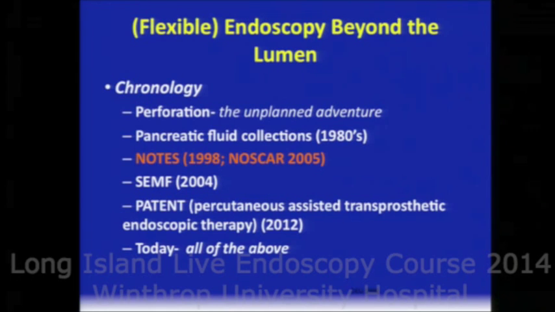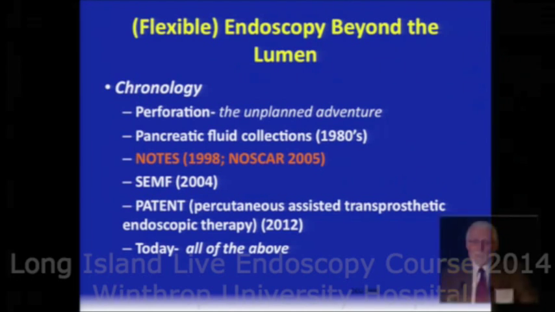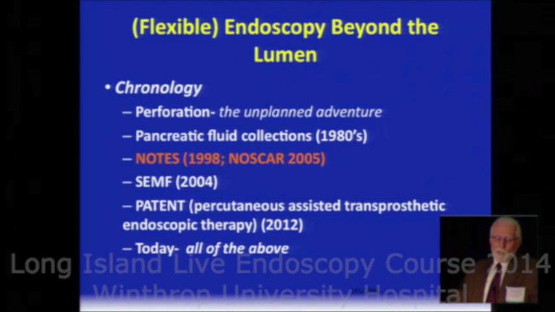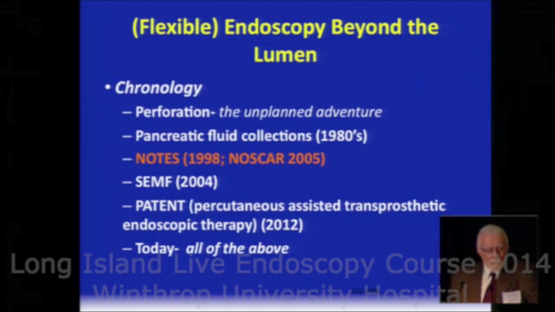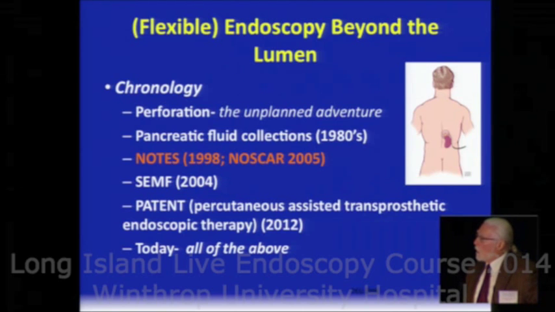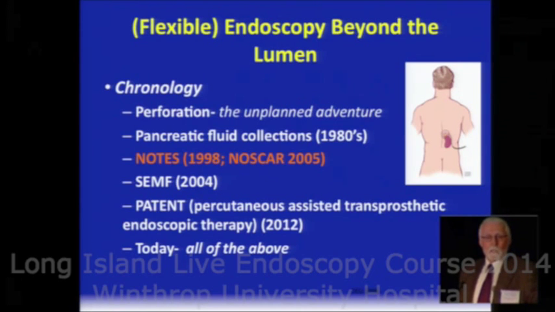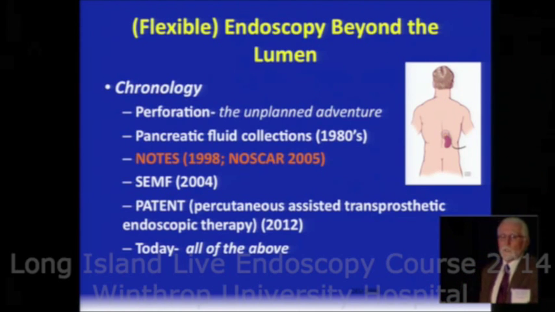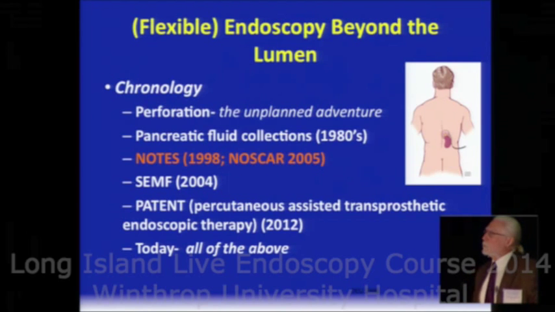The transluminal approach finally exited the GI tract with the concept of percutaneous assisted transprosthetic endoscopic therapy, or PATENT. And this is an illustration of a common application of this technique. So we're no longer even in the lumen. We're going through percutaneous tracts, dilating them up after the interventional radiologists have gotten to the site.